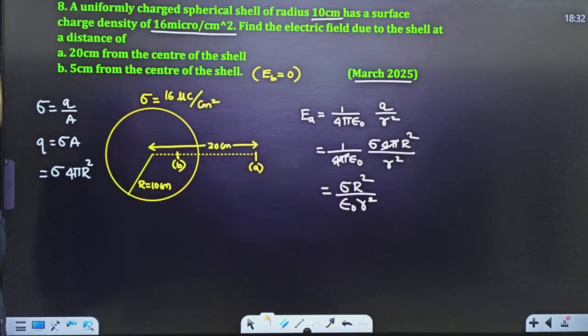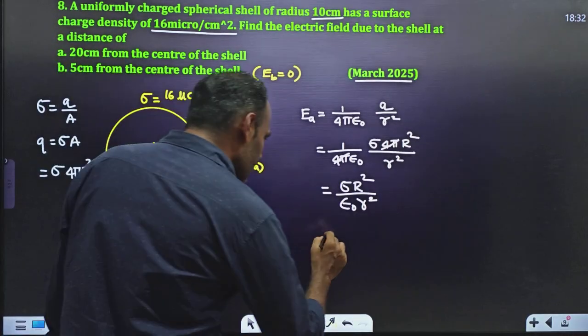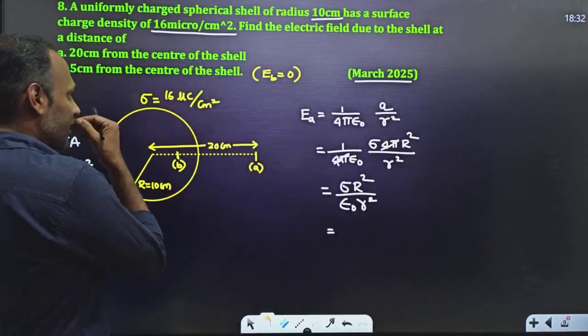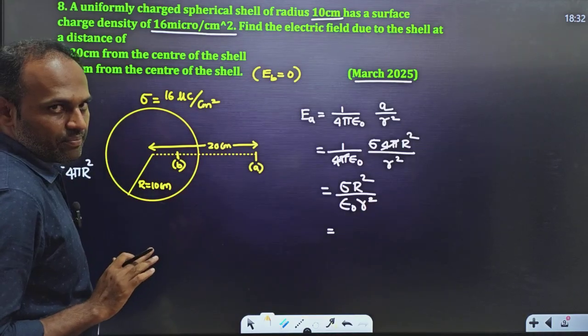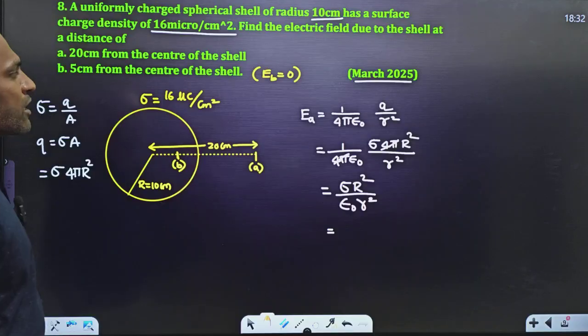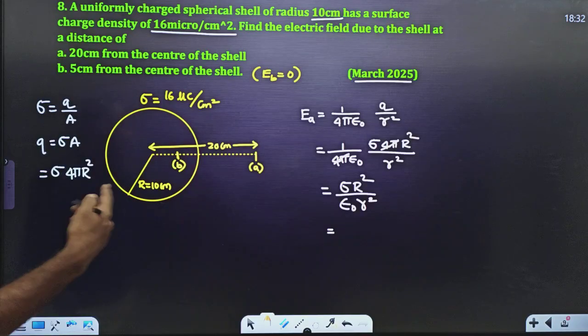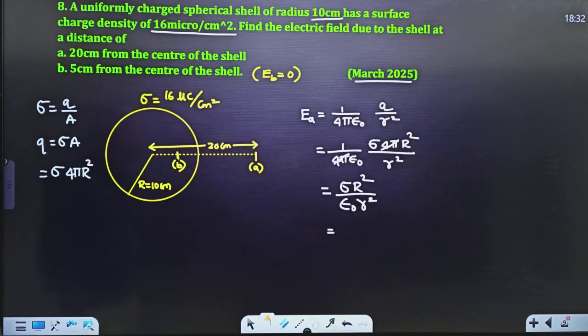Now substitute the values. How much is sigma? Sigma is 16 microcoulomb per centimeter square, you have to convert it to per meter square. Calculate it in the standard unit, per meter square.